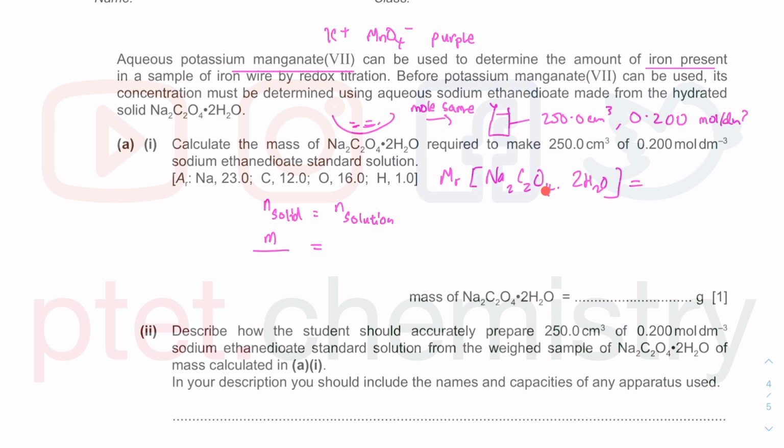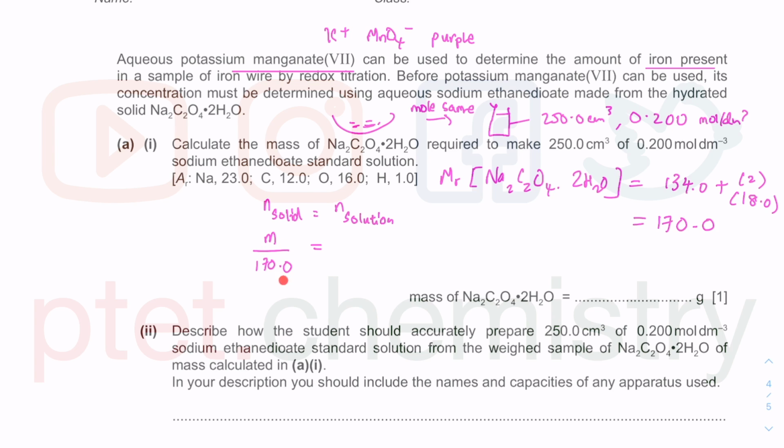I get 134 on my calculator, but I know there's actually 134.0. And then I have 2 times 18.0, because 18.0 is the Mr for 1 water, and I have 2 water. So 134.0 plus 2 times 18.0. Again, my calculator is giving me 170. It should be 170.0.